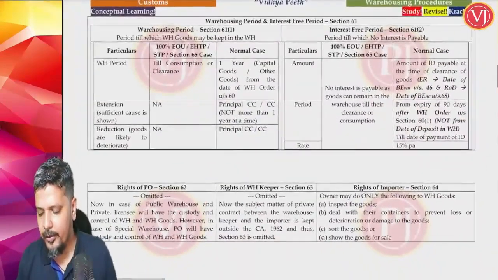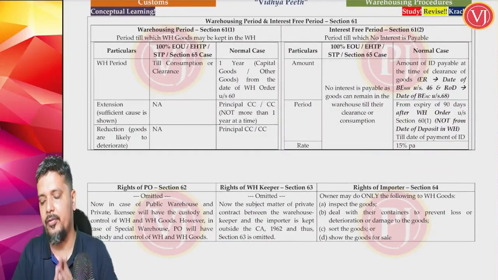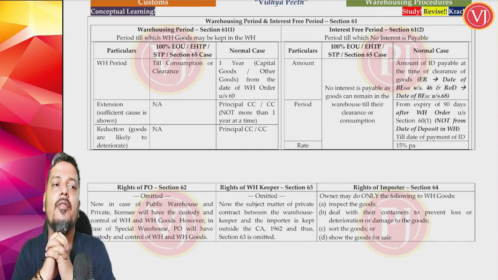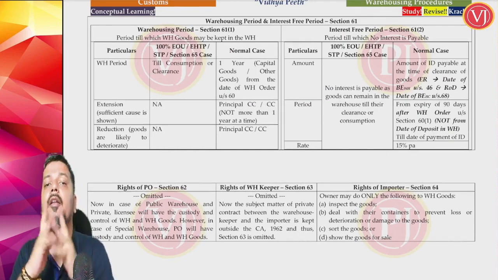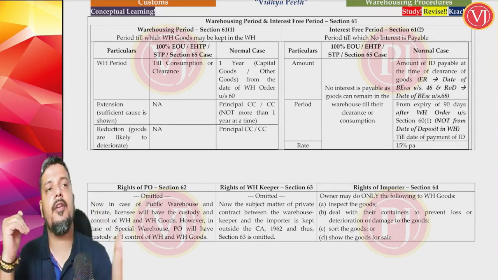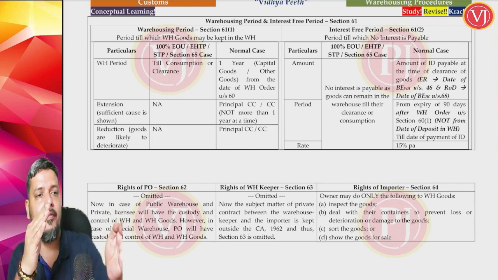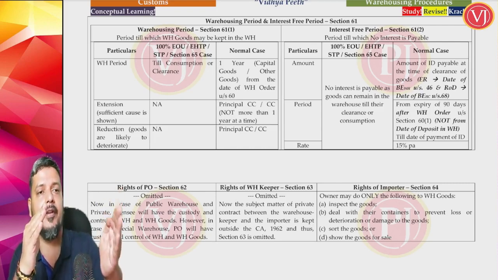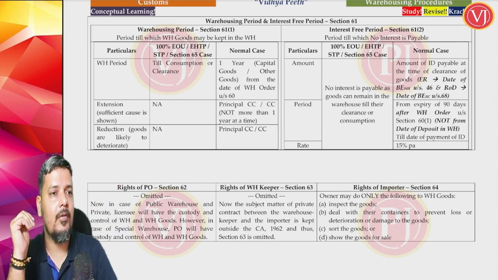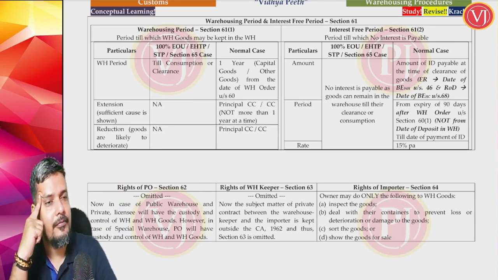Now, the most important of all the provisions is the warehousing period: till how long you can have the goods in the warehouse. If you see the provisions: 57A, 57, 58, 58A and 58B cover types of warehouse and cancellation of license.